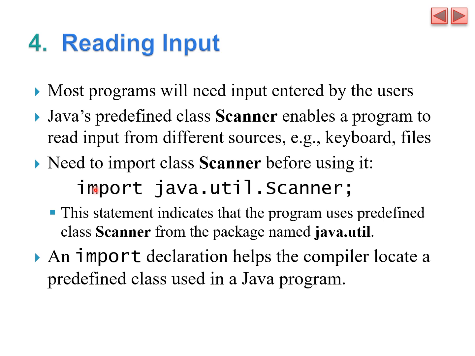This statement starts with the keyword import, followed by the package and the class name. It indicates that the program uses a predefined class Scanner from the package named java.util. Util is short for utility. An import declaration like this one helps the compiler locate a predefined class used in a Java program.